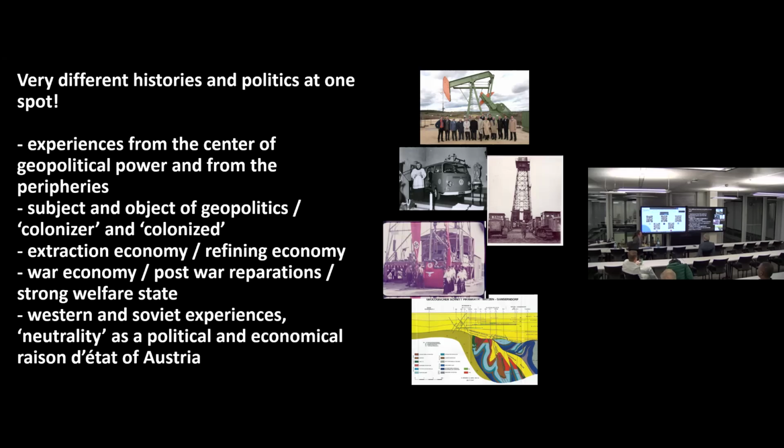So we have experiences from the center, of course, of geopolitical power. It was an empire. It was the Austrian Empire that discovered these things there in Galicia. But then in the next steps, it was somehow at the periphery of the Nazi empire, and then, even more so, at the peripheries of the Soviet sphere.